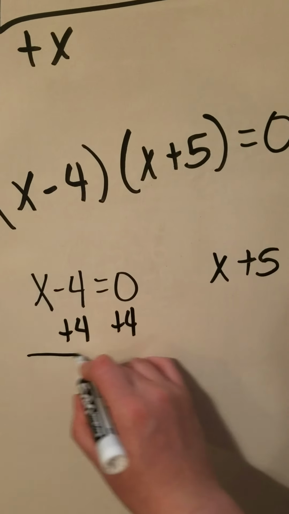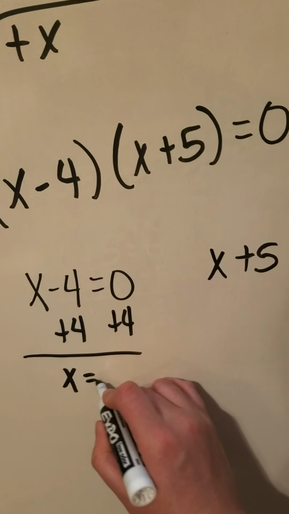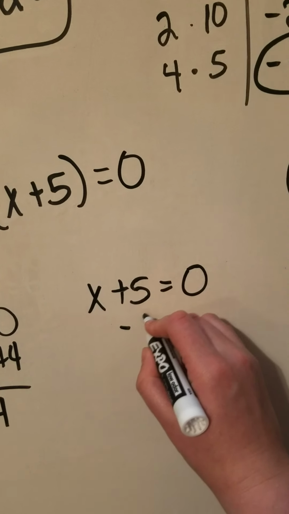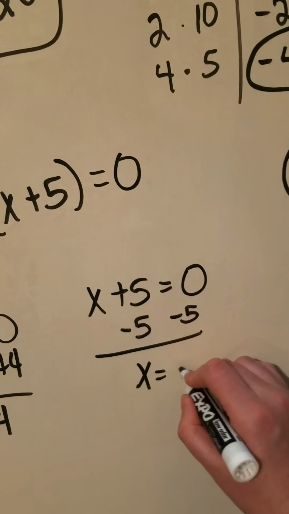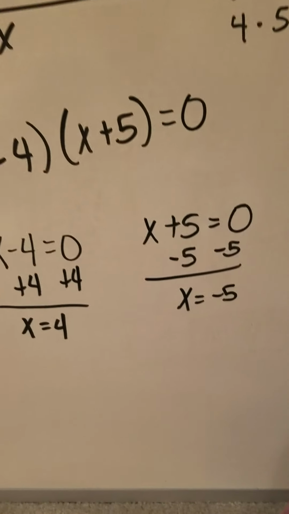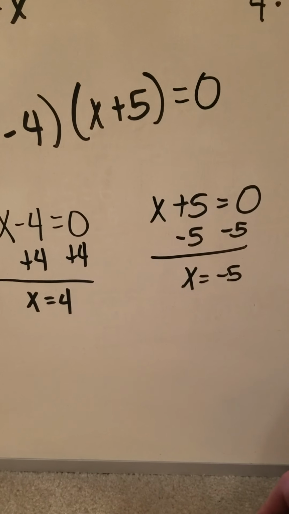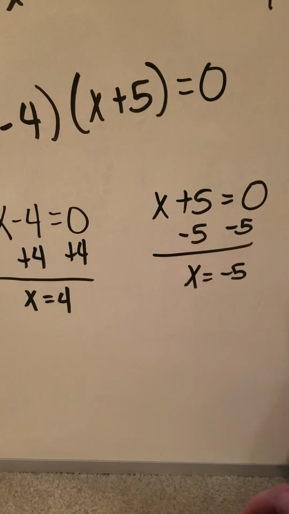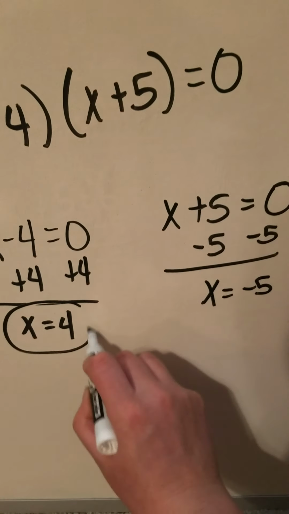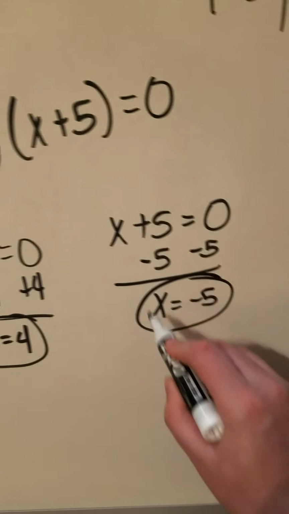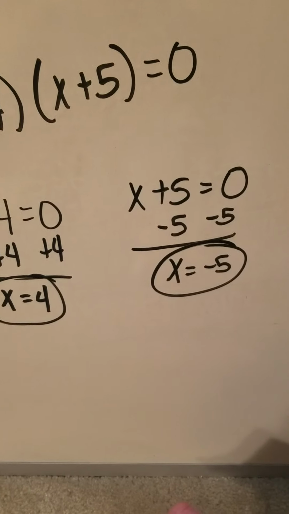On this one, add 4, and that gives me x equals 4. And on this one, subtract 5 to give me x equals negative 5. That in the end gives me both answers that I want: x equals 4 and x equals negative 5.